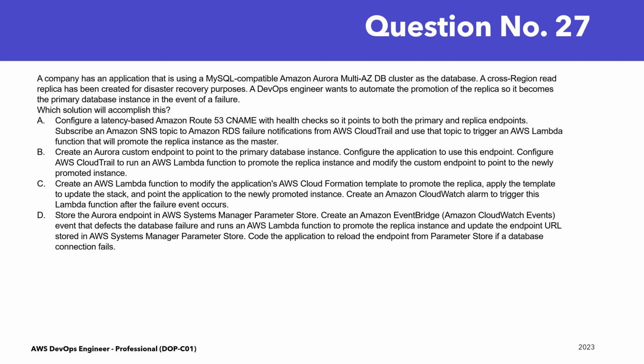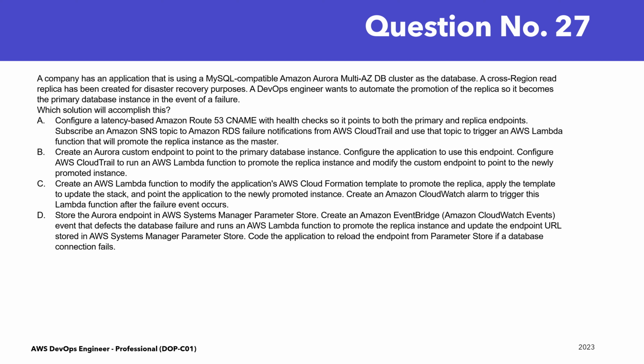C. Create an AWS Lambda function to modify the application's AWS CloudFormation template to promote the replica, apply the template to update the stack, and point the application to the newly promoted instance. Create an Amazon CloudWatch alarm to trigger this Lambda function after the failure event occurs. D. Store the Aurora endpoint in AWS Systems Manager Parameter Store.